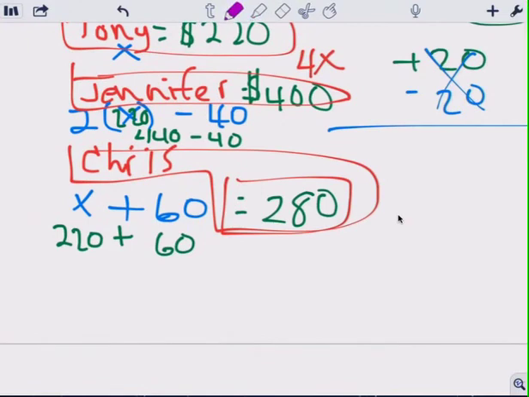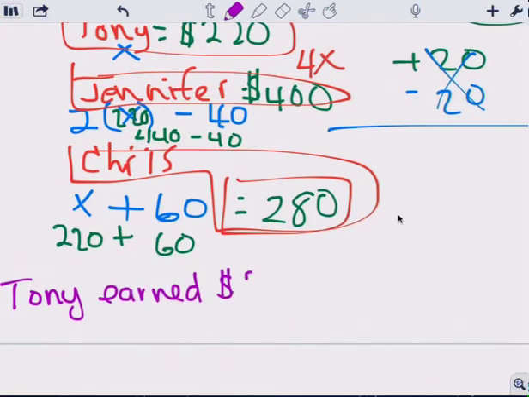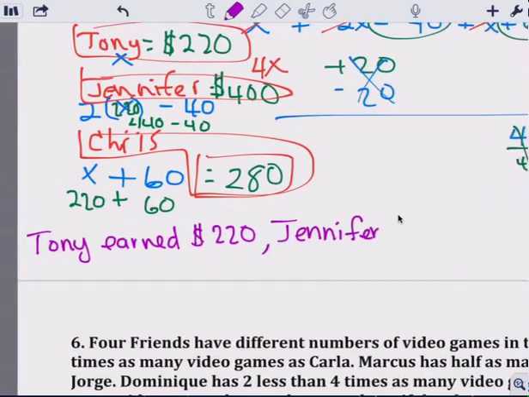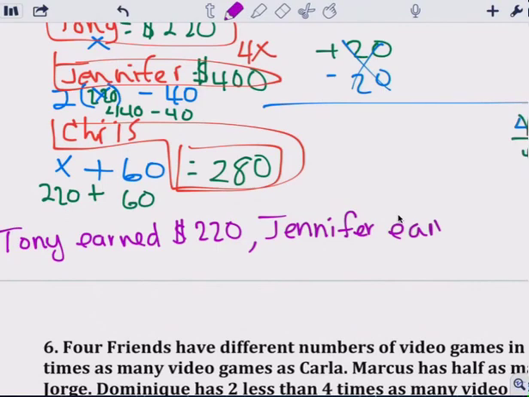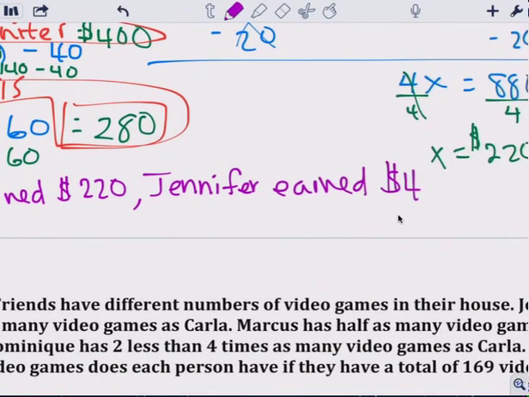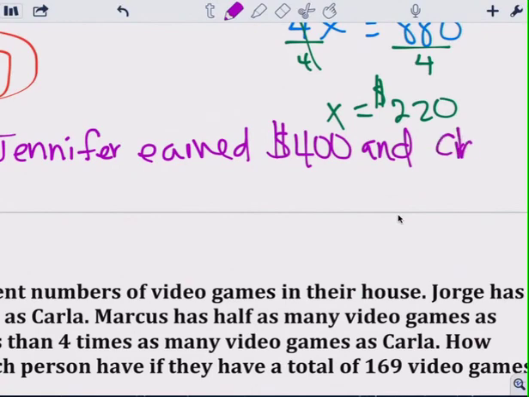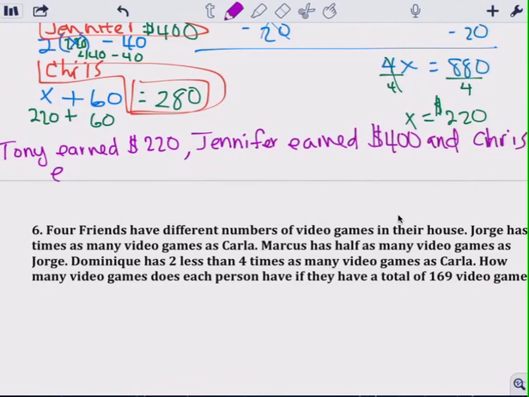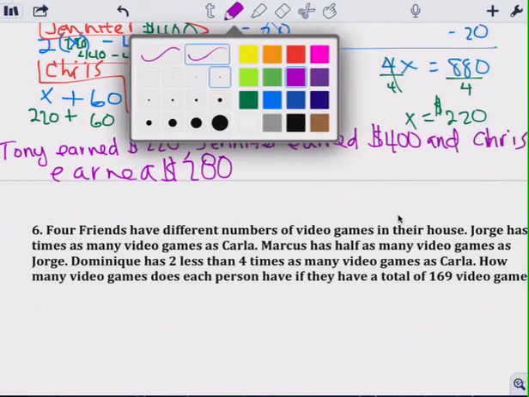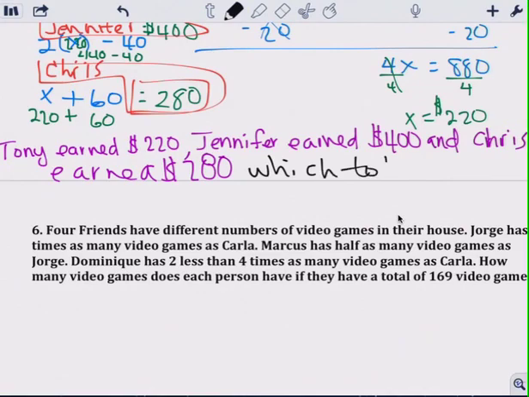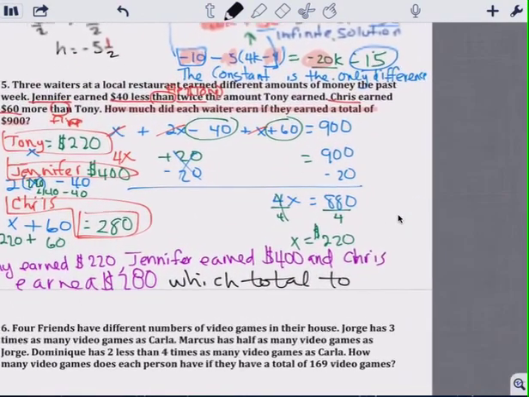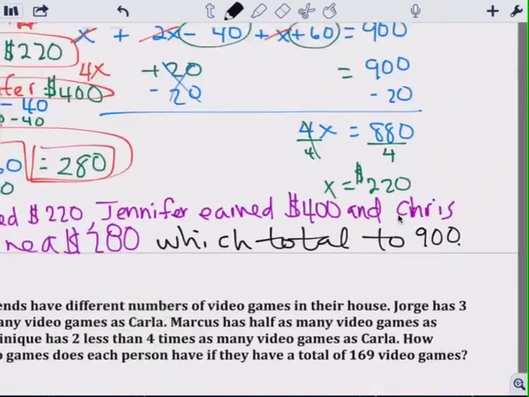So you need to write, Tony earned $220, Jennifer earned $400, and Chris earned $280, which total to $900, right? So if we check it, make sure it equals 900.